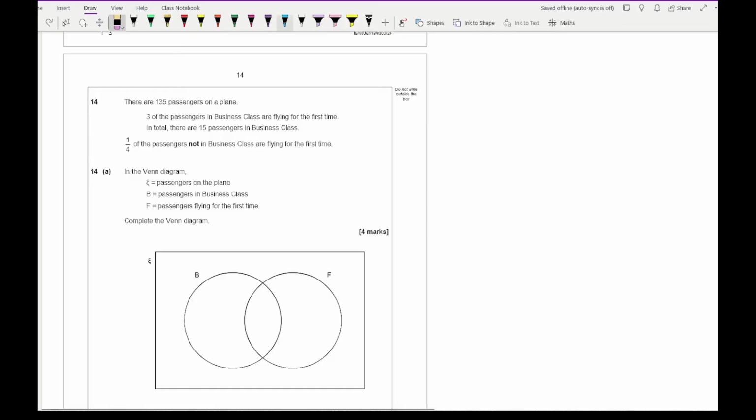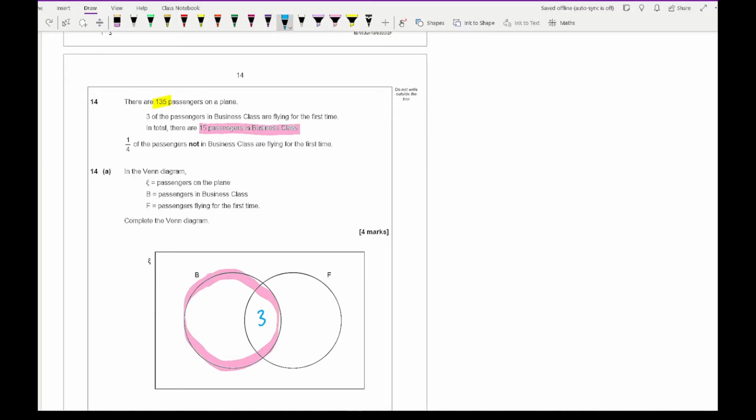So looking at the information, we know that when we add up all the numbers in the Venn diagram, they all need to add up to 135. Now, when you are completing a Venn diagram, you always want to start in the middle. Do we know the number of first-time flyers who are flying business class? Well, yes, because we're told that that is 3. Now, looking at the next bit of information, we know that there are 15 passengers in business class. So the business class circle, if I just poorly highlight it, needs to all add up to 15.